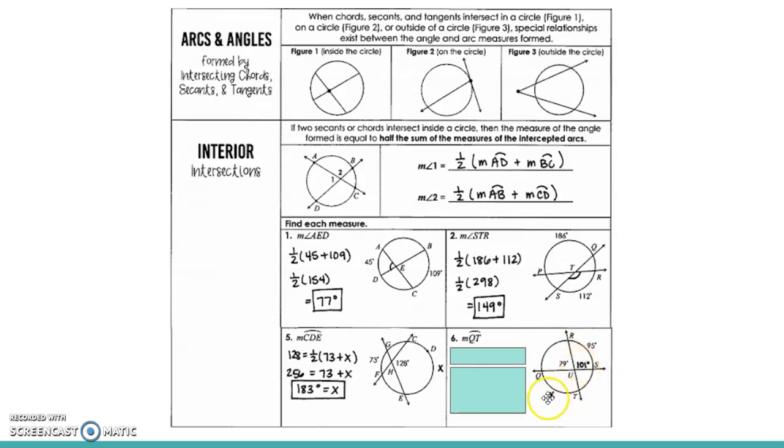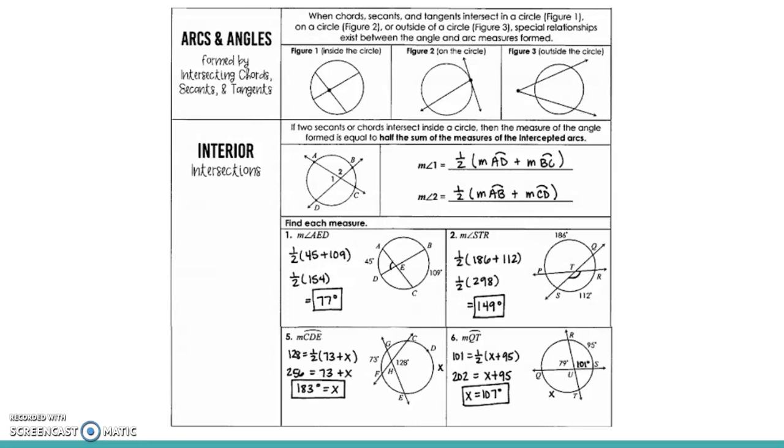Getting that angle allows me to find the arc that I want to find. So I need to make sure that I'm using the correct angle with the correct arcs. The one that I want to find is what I'm going to call X again, and when I set up my equation, we have 101, that angle measure, is equal to 1/2 the sum of my arcs, so X plus 95. When we solve for X, we get that X is 107 degrees.